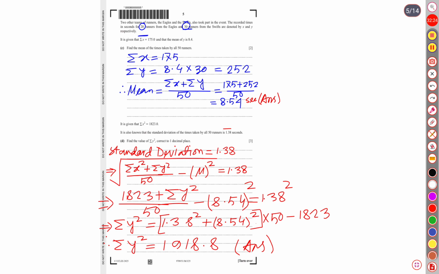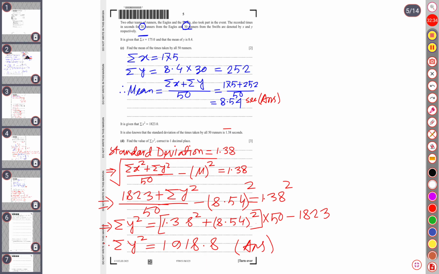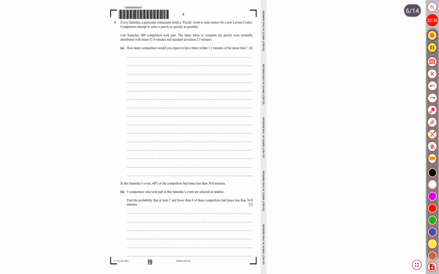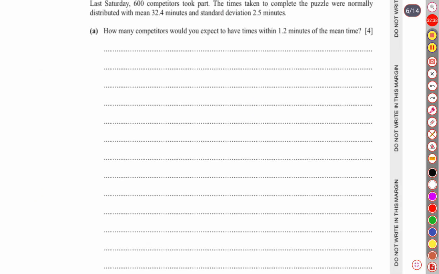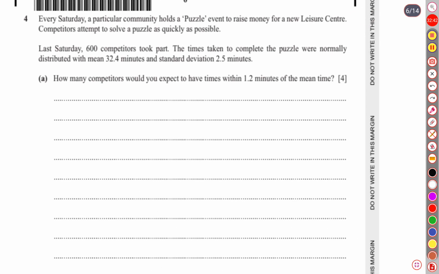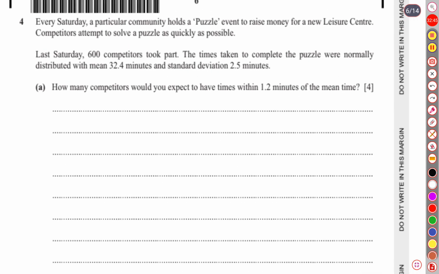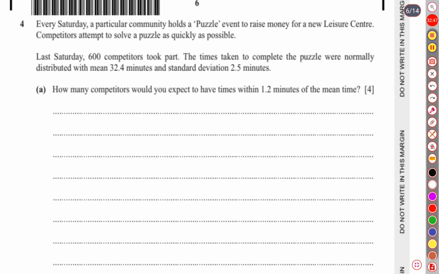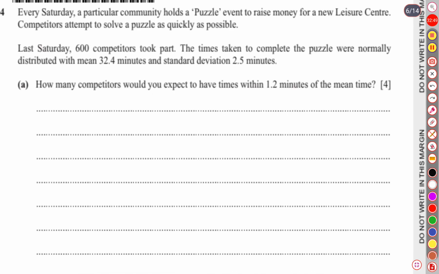All of the questions from question number 3. Okay, then let's move on to the next question. Question number 4 is on the next page, which says: every Saturday, a particular community holds a puzzle event to raise money for a new leisure center.